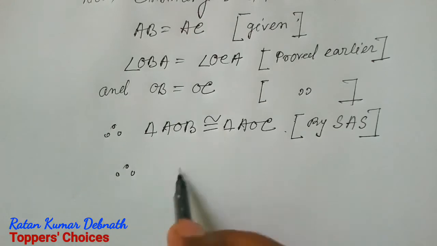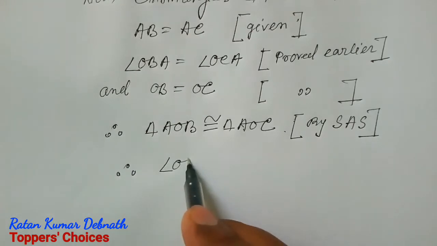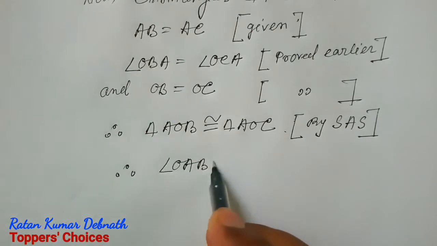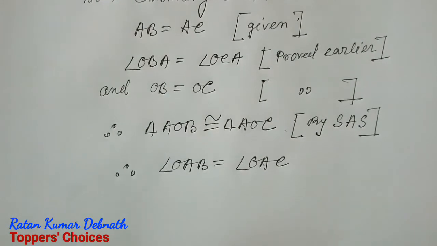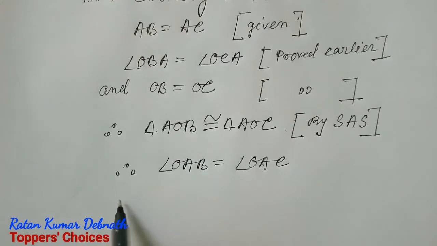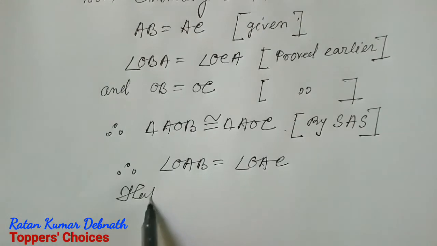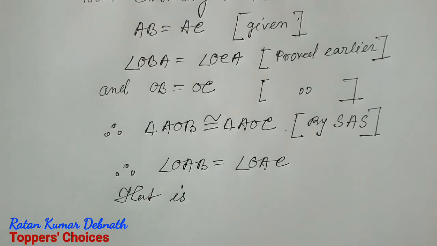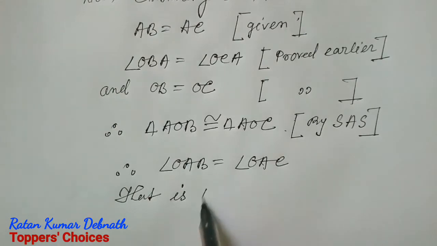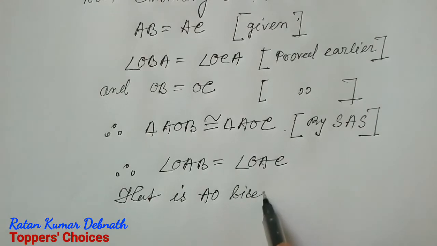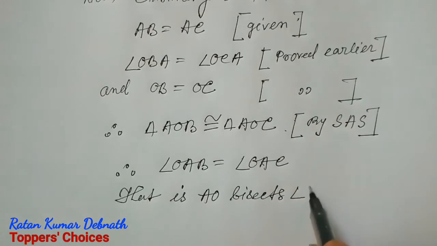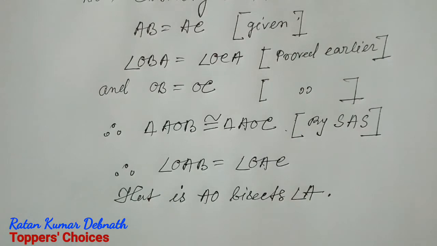Therefore, angle OAB equal to angle OAC. That is, AO bisects angle A. That's all about the question number 1.